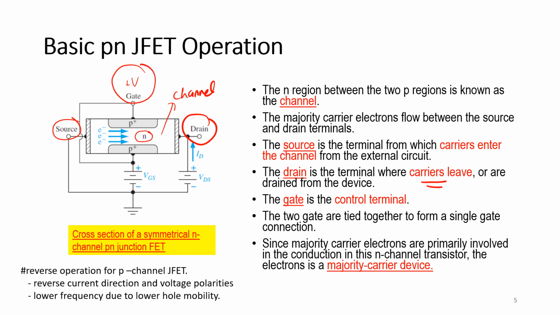The gate plays the main function of controlling the current. The two gates are tied together to form a single gate connection. You can see here, both P regions are connected via one single gate connection.